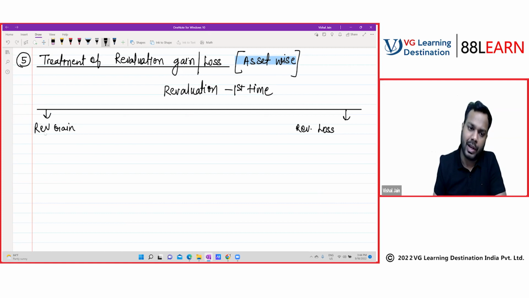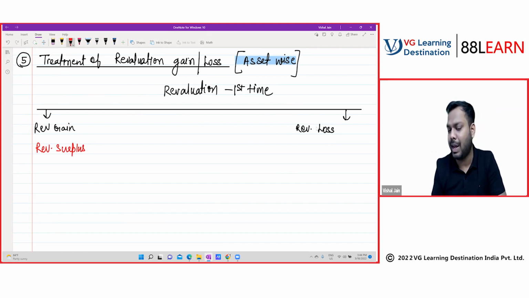If it is revaluation gain, definitely, as we already know, it will be transferred to revaluation surplus or revaluation reserve, as you want to say. But if it is a revaluation loss for the first time, where will we transfer? We transfer it to SPL.